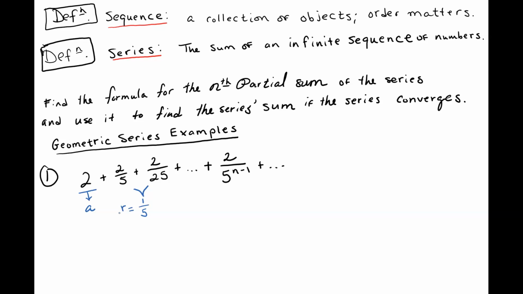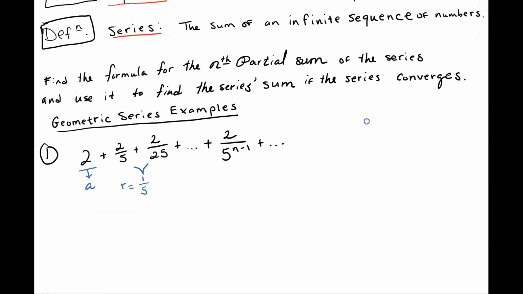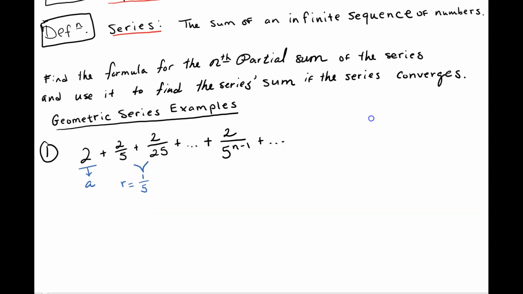All right? So let's go ahead and try to make some sense of it by first seeing how we can generate the formula. So the formula, if you will, for S sub n equals, it looks like this, it's a, that initial value, times 1 minus r to the nth power divided by 1 minus r. So I can set this up to find S sub n, my formula.